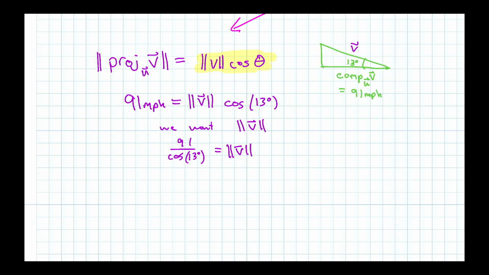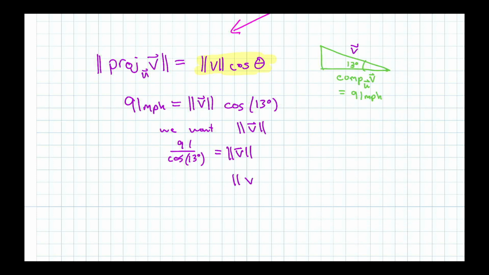So we calculate this: 91 divided by the cosine of 13 degrees. And you get that the magnitude v is 93.4 miles per hour.